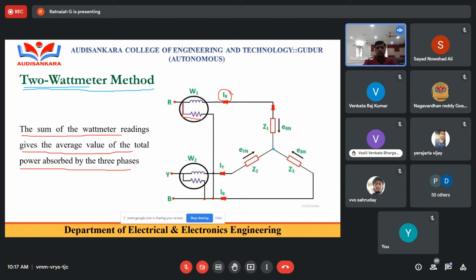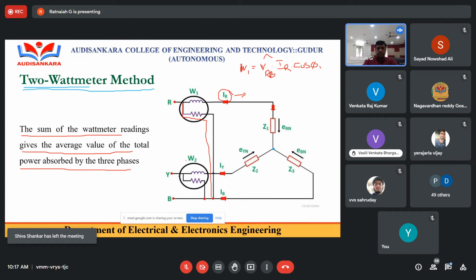The pressure coil is connected between R and B. So the first wattmeter reading W1 is equal to the voltage VRB times the current through the current coil, that is IR, times cos of the angle between VRB and IR, let it be phi 1.